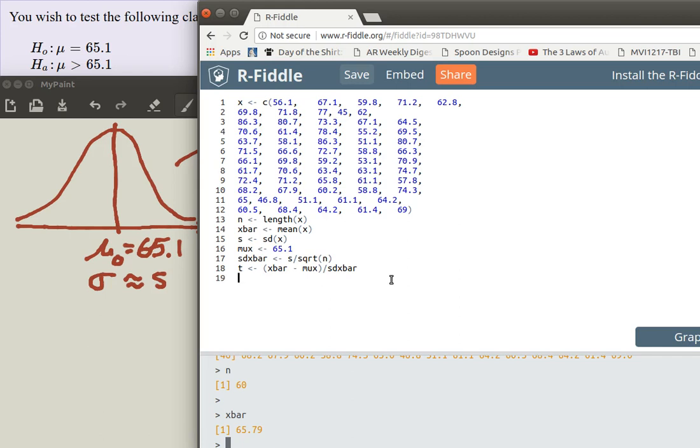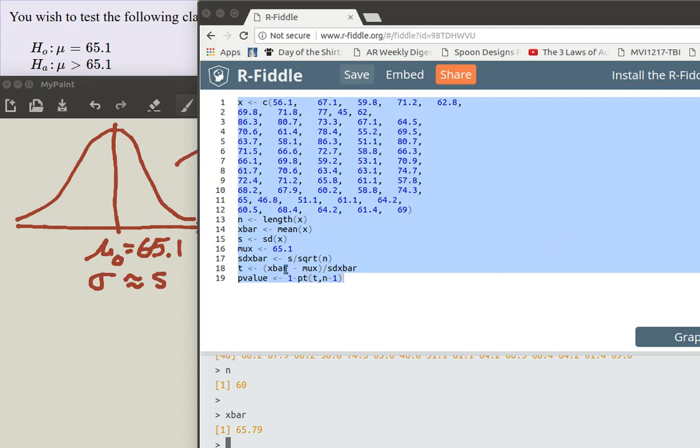Okay, so that's going to produce the t for me. Now let's look at the picture again. Shoot, I put down some things without explaining them to you. I needed to find what the standard deviation of x bar was, which is going to be s divided by the square root of n. I needed to find out what t was, which is going to be x bar minus the mu of the x bars divided by the standard deviation of the x bars.